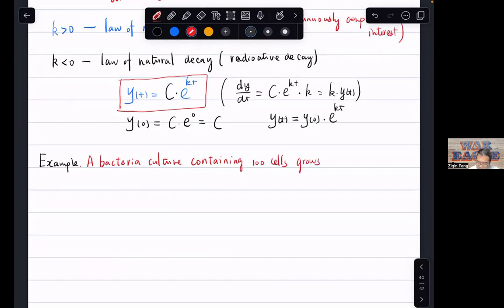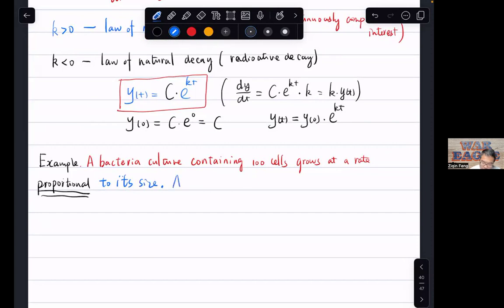It grows at a rate, normally you have enough food, you have enough space, right? Proportional. So this is our k assumption, proportional to its size, right? Okay, so now what do we want to know?